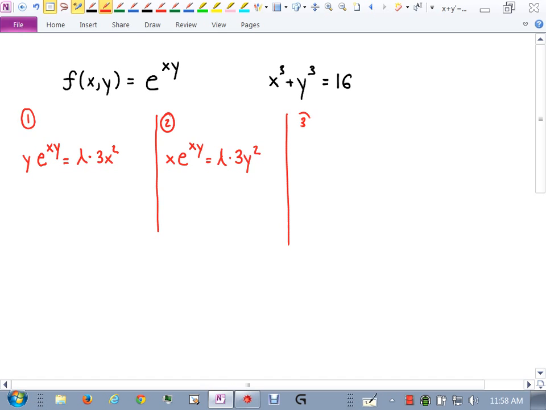And then, of course, my last is x cubed plus y cubed equals 16. That's almost dizzying to look at, isn't it?